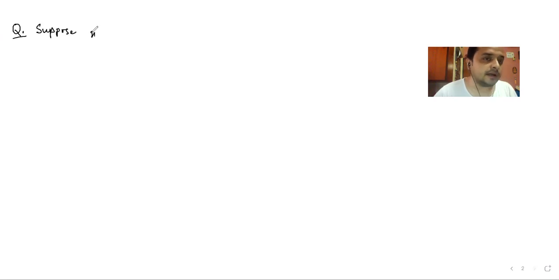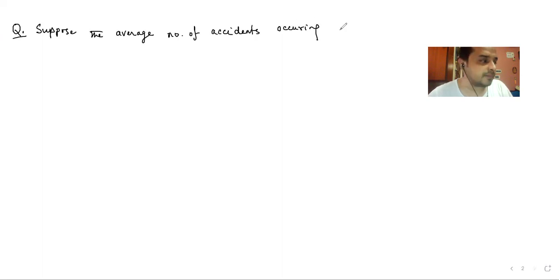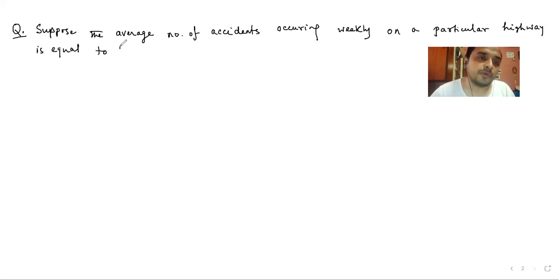Suppose the average number of accidents occurring weekly on a particular highway is equal to 1.2.